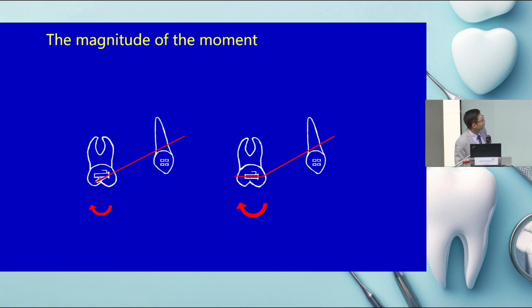So now we know 25 degrees on nitinol and 5 degrees on stainless steel are equal. So if we want to get the same magnitude as this one on the T-PAC band, we need to decrease this bend, right?